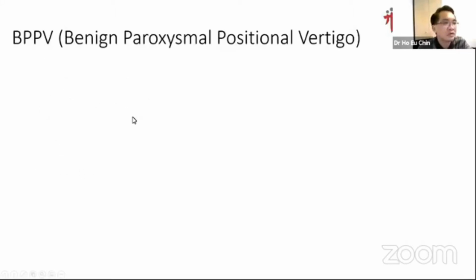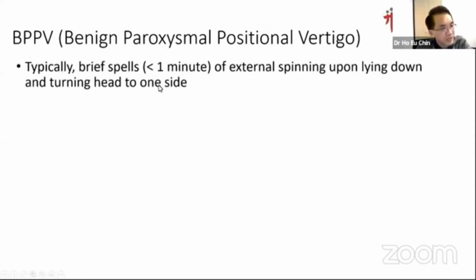Okay, let's start with BPPV, benign paroxysmal positional vertigo. One of the commonest medical conditions or diseases that cause vertigo. And typically, if you get these symptoms, you get brief attacks of vertigo. And normally the vertigo would be the type where you feel that the room is spinning.